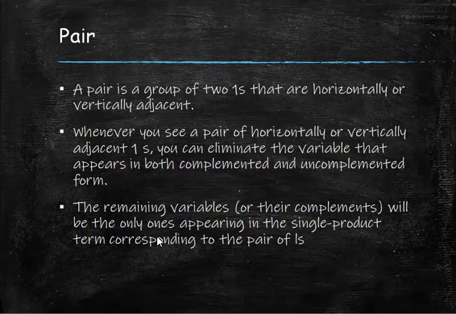By a pair we mean that in the K-map, if 2 ones are adjacent vertically or horizontally, not diagonally, grouping must be done at right angles, or we can say that we must move vertically or horizontally. Then a pair is a group of ones that are horizontally or vertically adjacent.